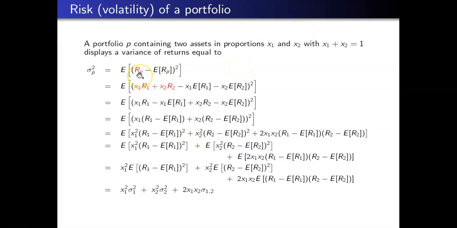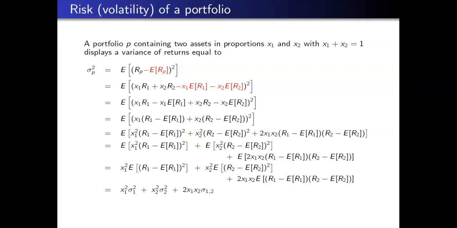We develop the return of the portfolio: x1 times r1 plus x2 times r2, so there are two assets in the portfolio. We develop the expected return: the expected return of the portfolio is x1 times the expected return of 1 plus x2 times the expected return of 2.